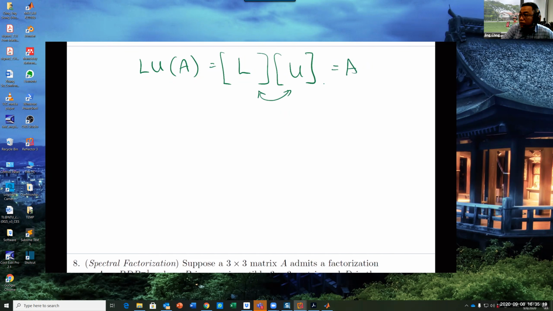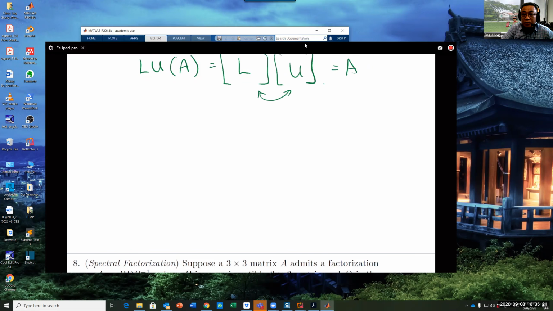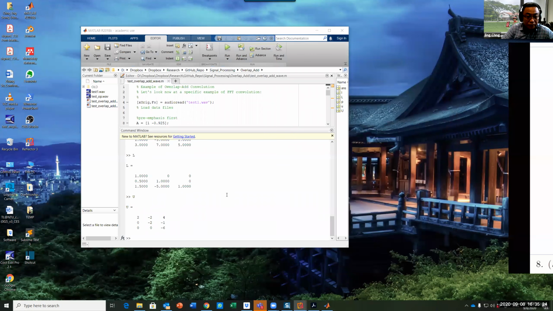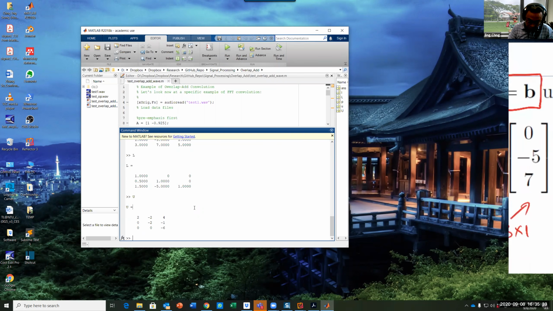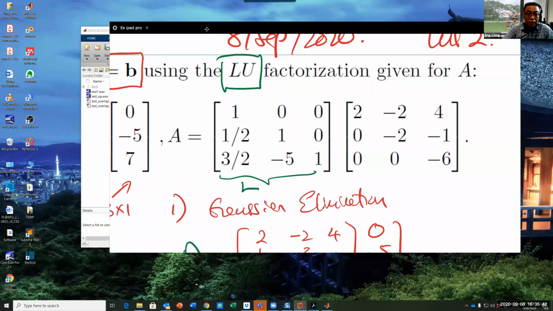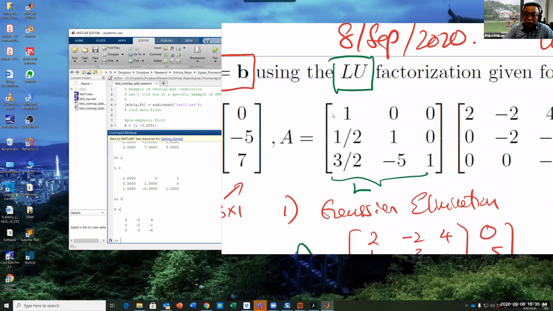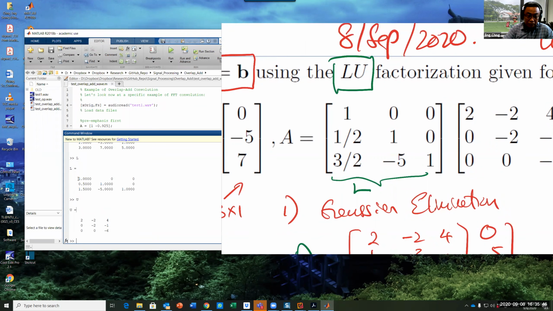So how do I know this? I'm going to take this away first. So I type the matrix L first. Oh, sorry. So 1, 0, 0, 0.5 for the second row, 1, 0, 1.5, minus 5, 1.